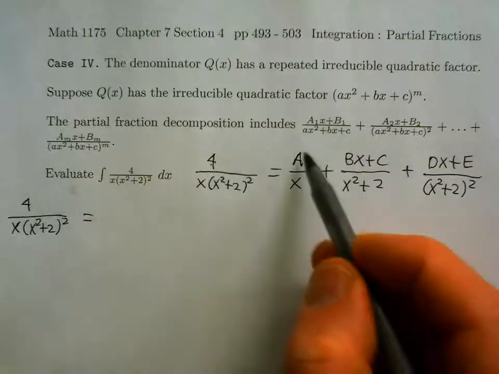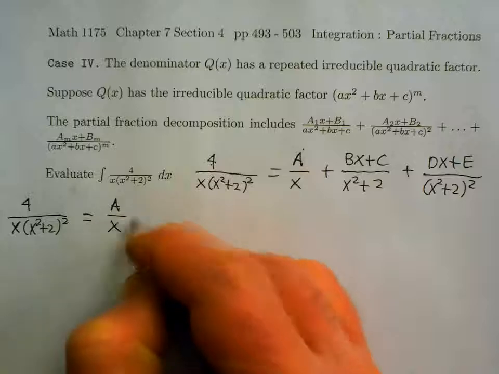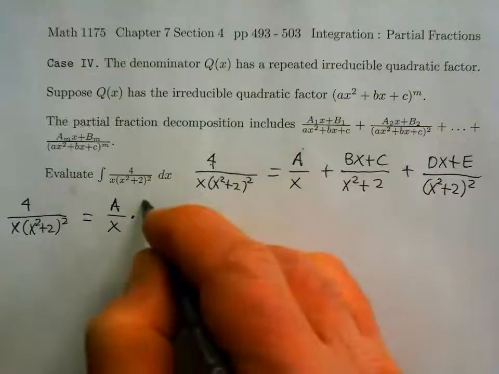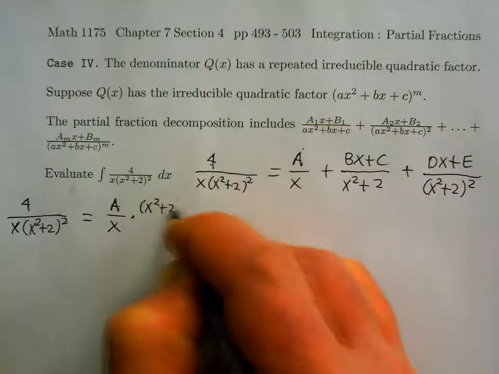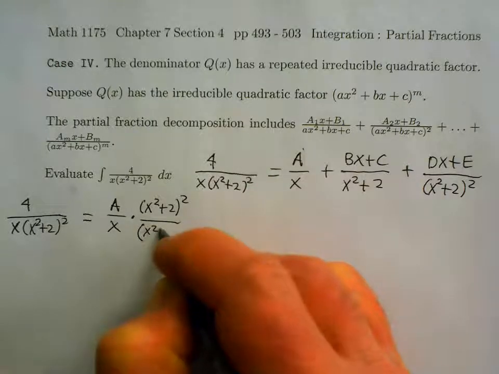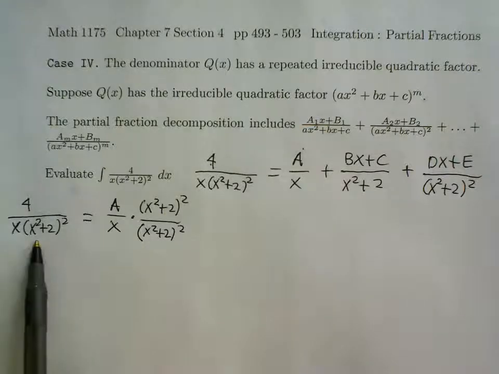So we want to multiply A over x by 1. So the form that 1 takes will be x squared plus 2 quantity squared over x squared plus 2 quantity squared. We want this denominator to be the same as the denominator of the fraction on the left.